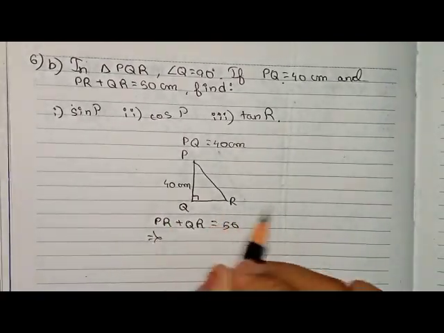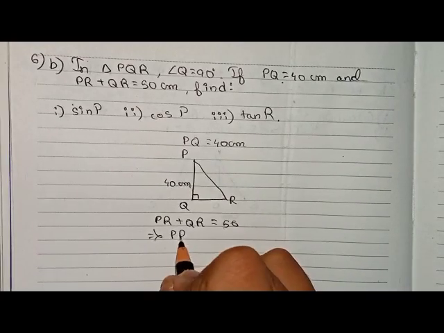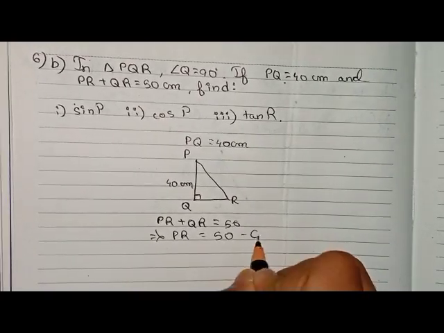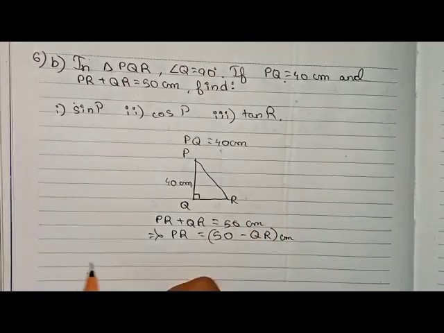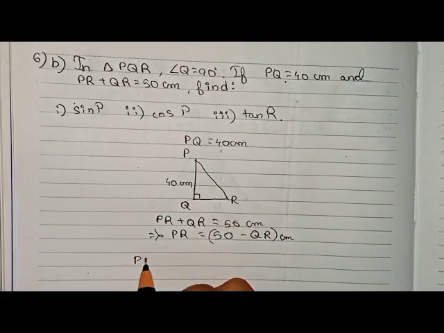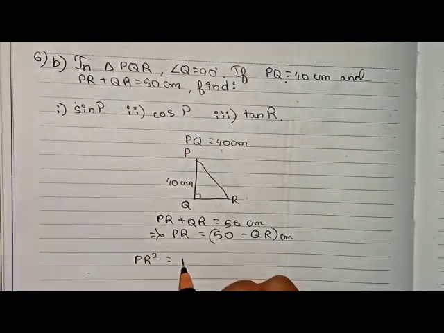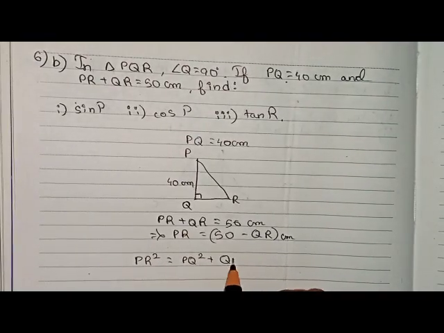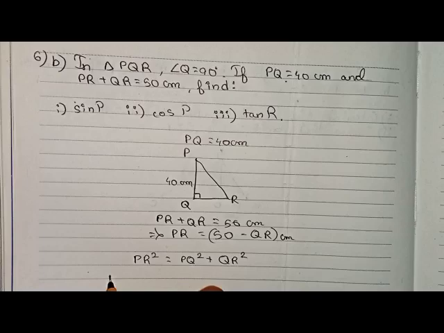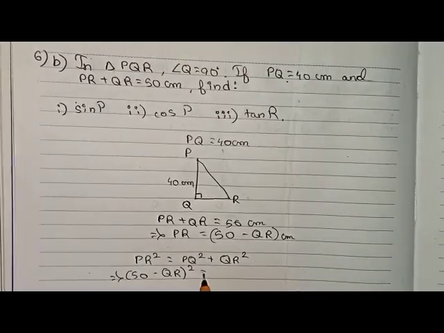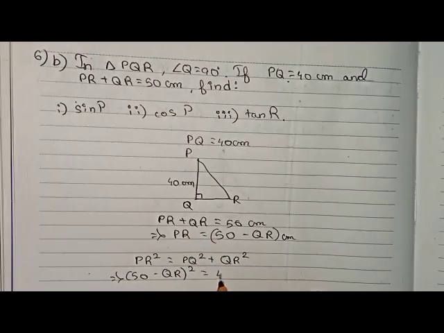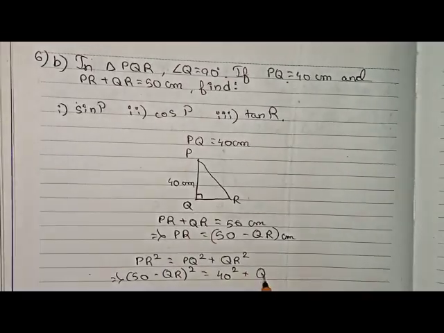So we arrange this also like the previous question, that is PR is equal to 50 minus QR centimeter. So apply the Pythagoras theorem now. PR square is equal to PQ square plus QR square. (50 minus QR) square is equal to PQ, that is 40 square plus QR square.